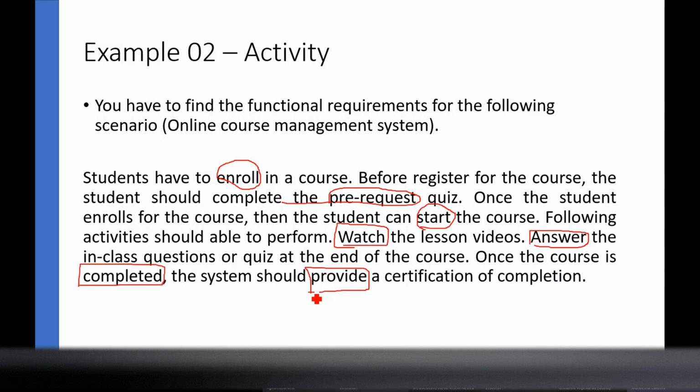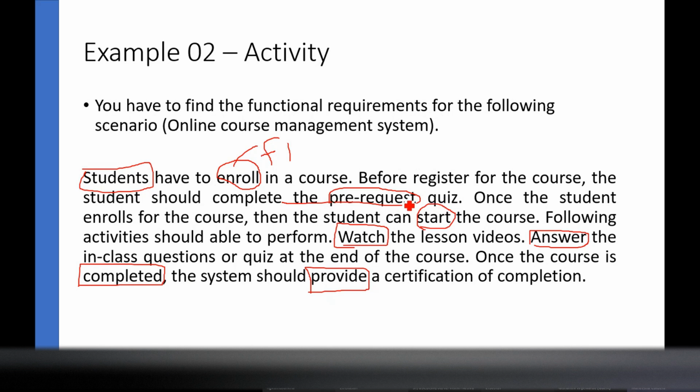Now, what are the functional requirements under this context? The system should allow the students to enroll in the course. This is functional requirement number 1. Now there's a prerequisite. This is the second sentence.